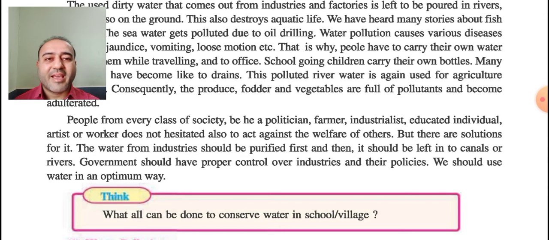People from every class of society, be he a politician, farmer, industrialist, educated individual, artist, or worker, does not hesitate also to act against the welfare of others. Right, so we have seen that maximum all over the world.